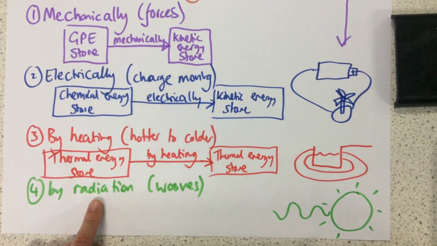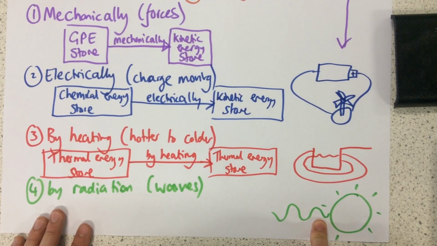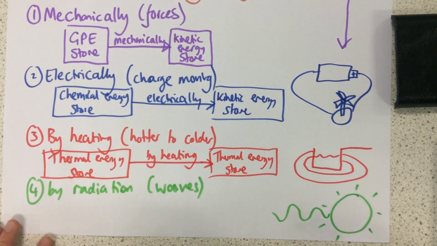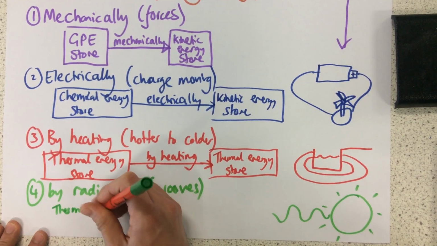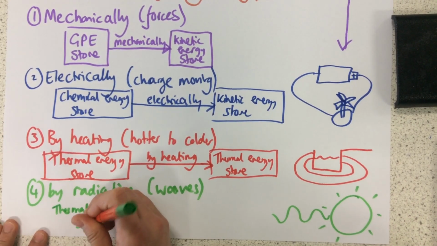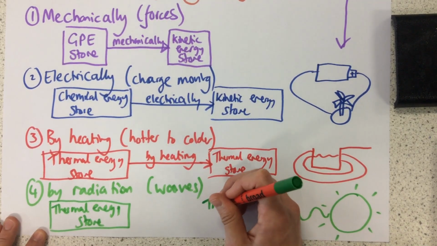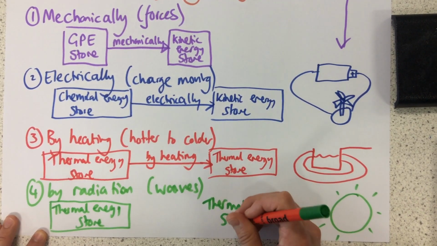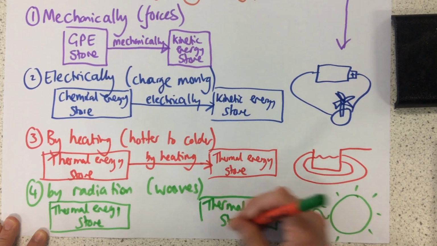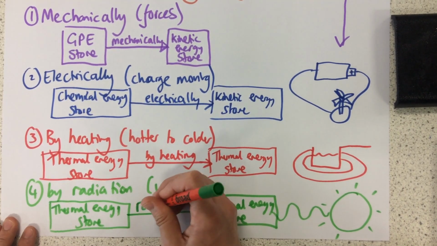So radiation is whenever you have things traveling in waves, such as radiation when it's to do with heat transfer, and also things like light. So again, we've got a thermal energy store to begin with, because that's the store of thermal energy within the sun. We're heating up the air particles on Earth, so we've got a thermal energy store on Earth right there. And this time, the way that it's transferred is radiation.